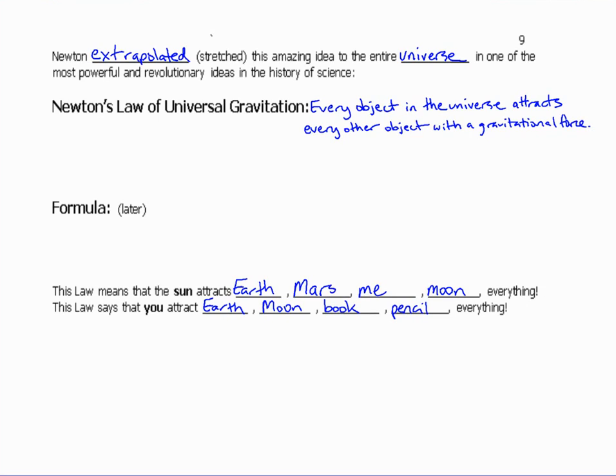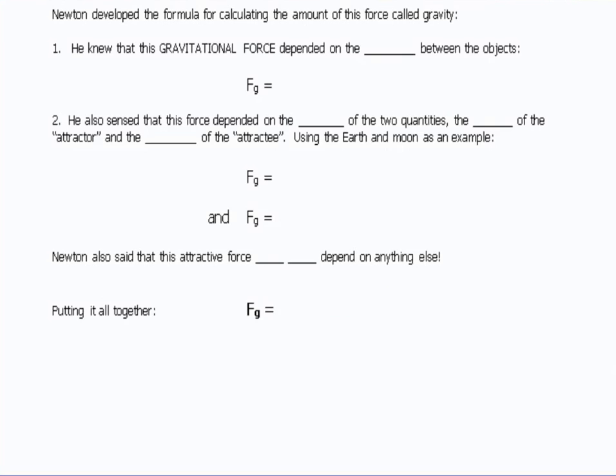Newton developed the formula for calculating the amount of this force called gravity. He knew that this gravitational force depended on the distance between the objects.